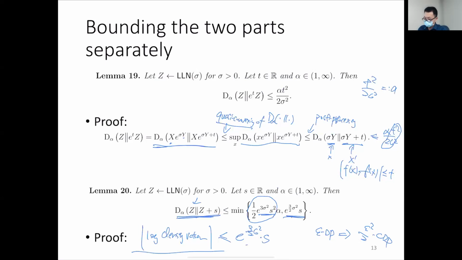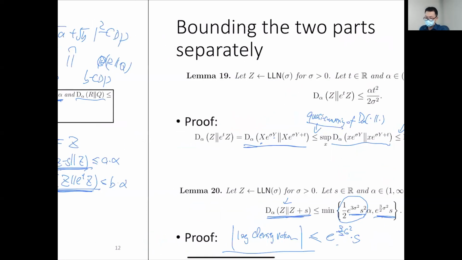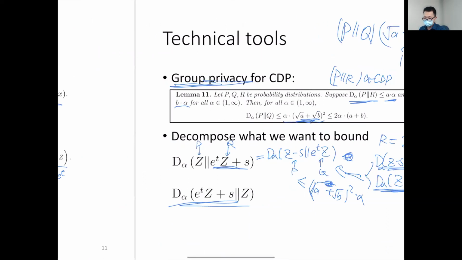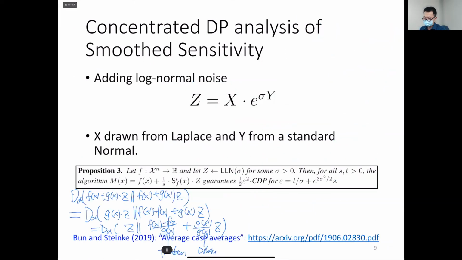This is what we define as A, and this half e to the power of 3 sigma square s square is what we define as B. If you combine these two together and apply the lemma from the previous page, then we get that the overall mechanism satisfies concentrated differential privacy with this parameter, as we previously claimed.